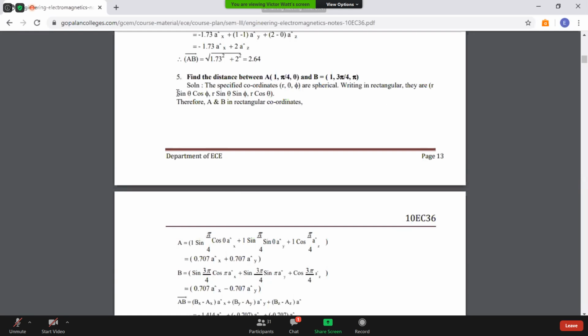In the rectangular system, x is r sine theta cos phi, y is r sine theta sine phi, and z is r cos theta.